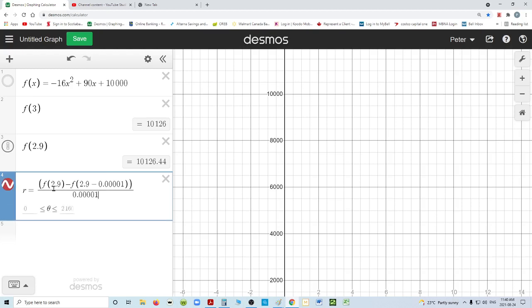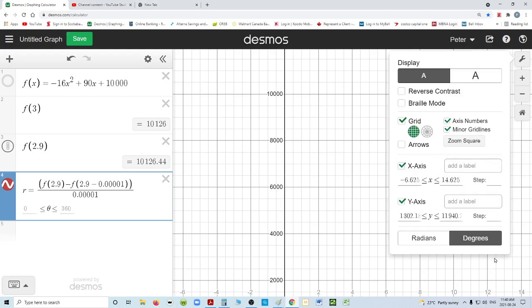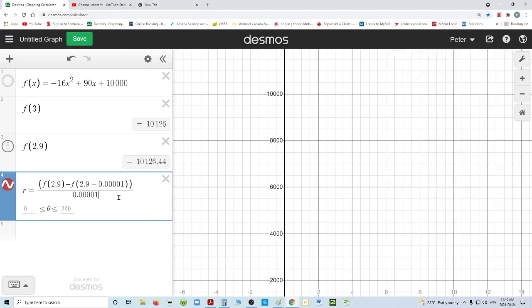You can even make it simpler for yourselves and set an h, and also be sure to make sure you're in degrees. And we can see that the rate of change on the left is negative.